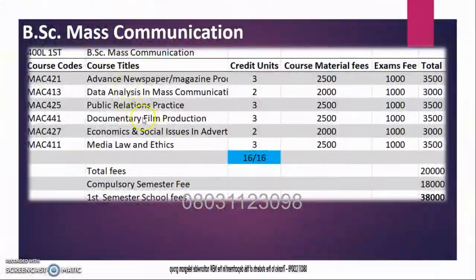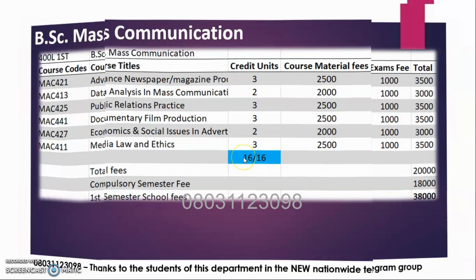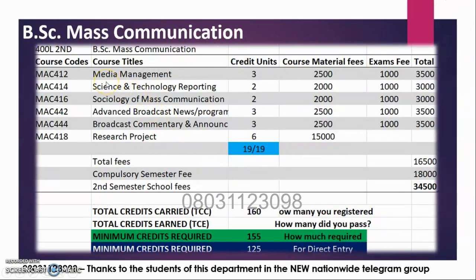First semester, you are required to pass 16 units, and if there's any other course in the portal, you may add them. Your fee is 38,000. This is first semester 400 level. Okay, so we go to second semester 400 level. You have all these courses with your project included.